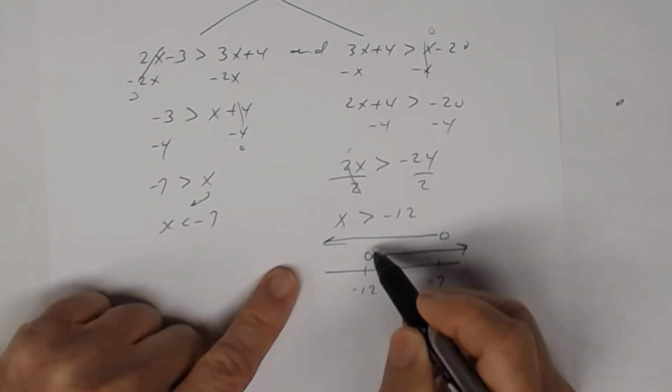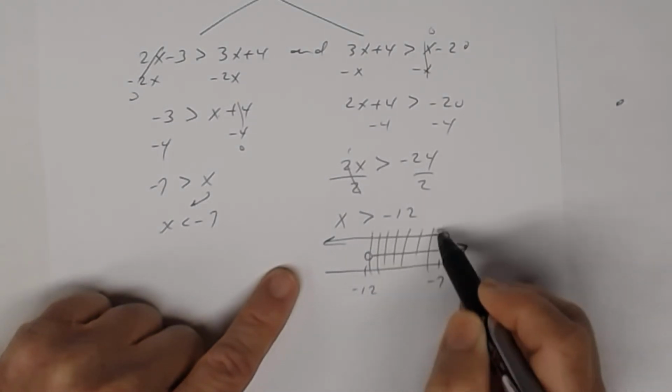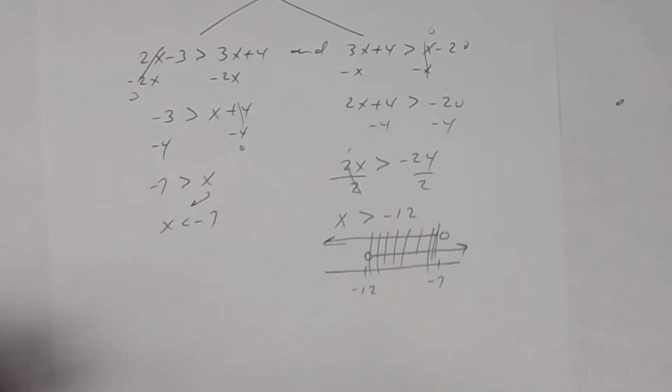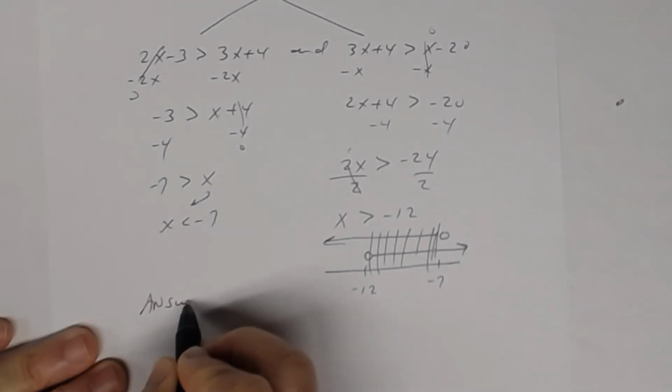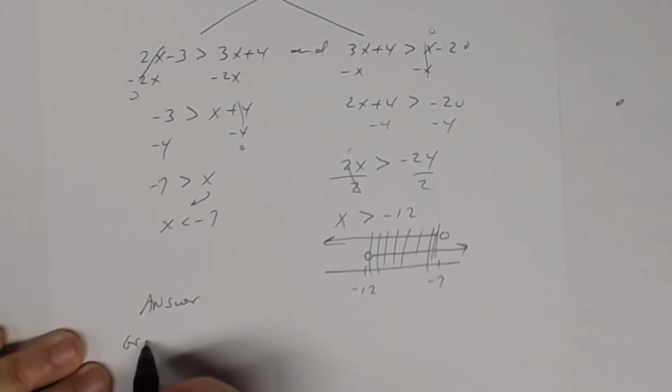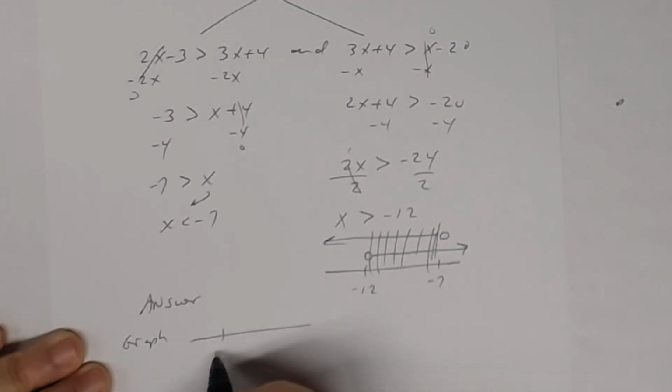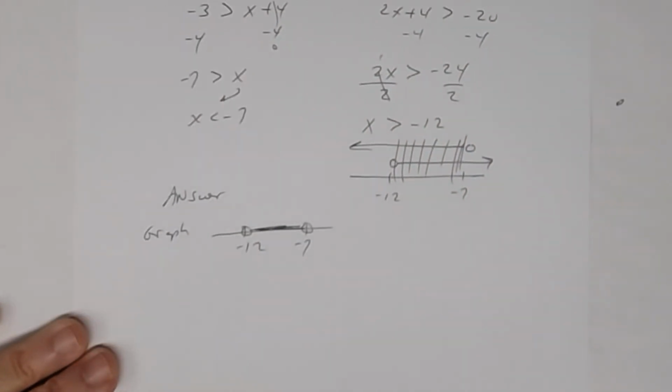And those numbers that work are the intersection of those two graphs. And so your answer will be this. So here's your graph. -12, -7, open circle, shade between them.